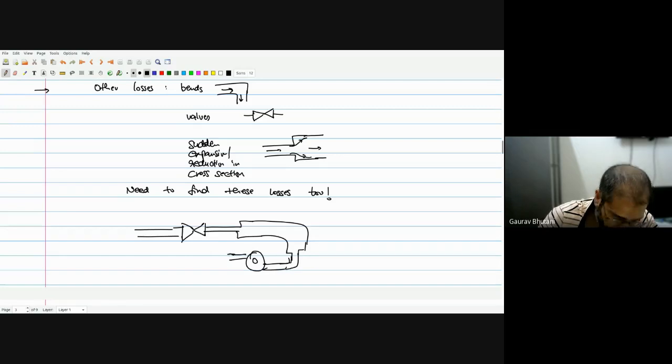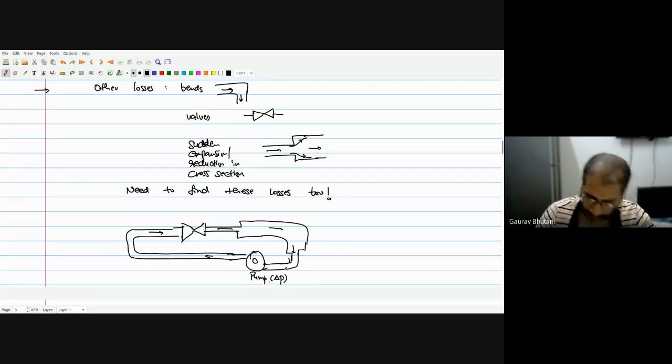So the pump adds energy to sustain the flow rate. It may be required that for a given flow rate Q, you will have to calculate the pump power, or vice versa.